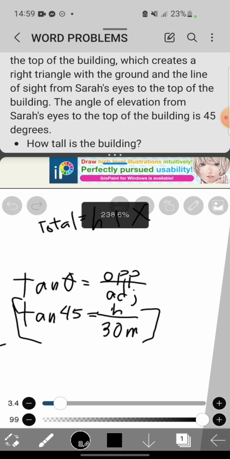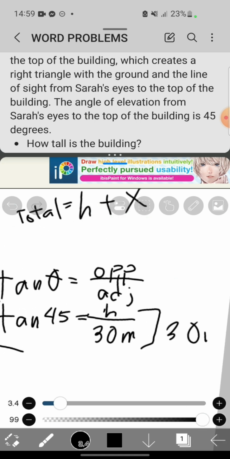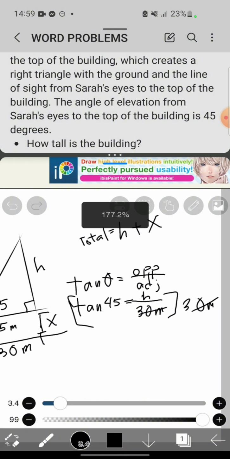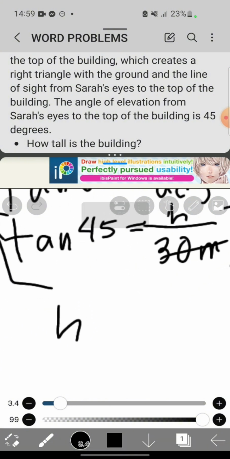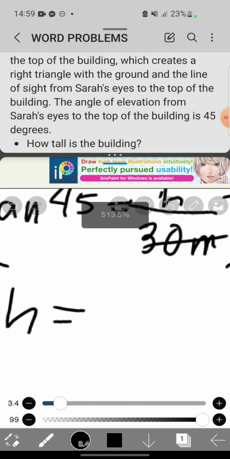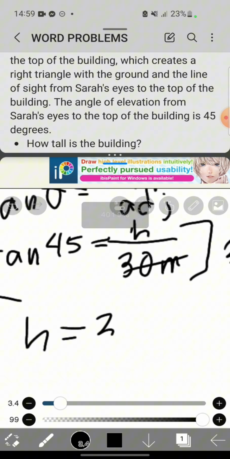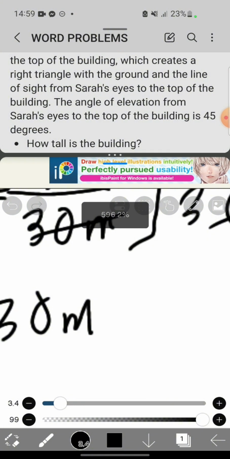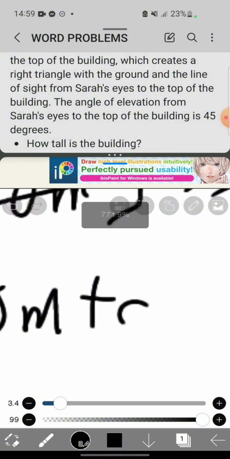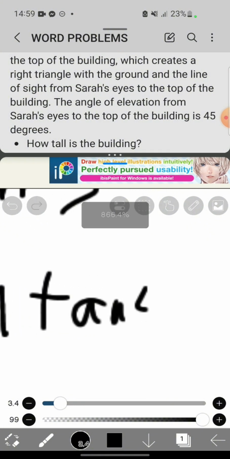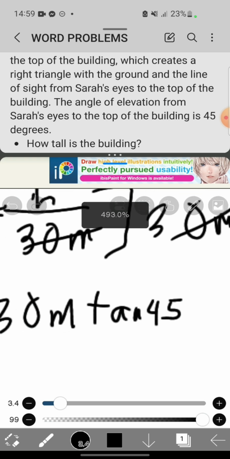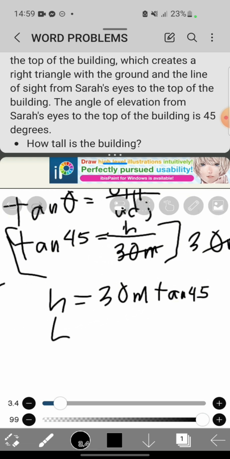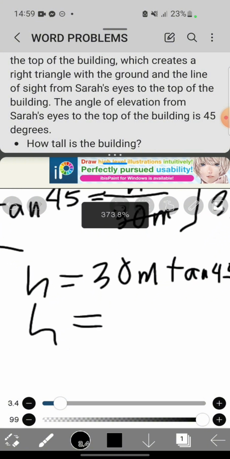Multiply both sides by 30 meters, so they cancel. This height is equivalent to 30 meters times tan 45. So let's calculate this.